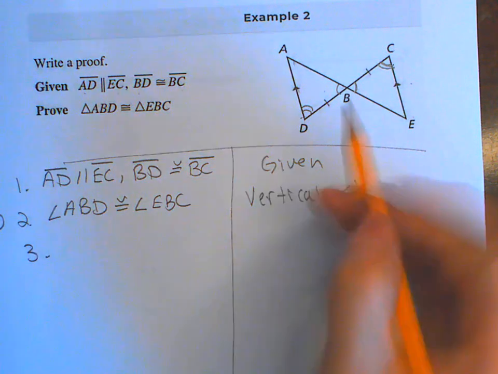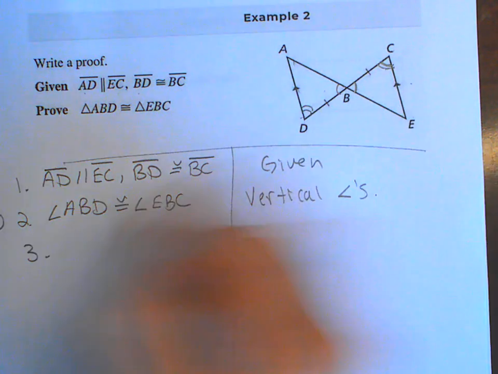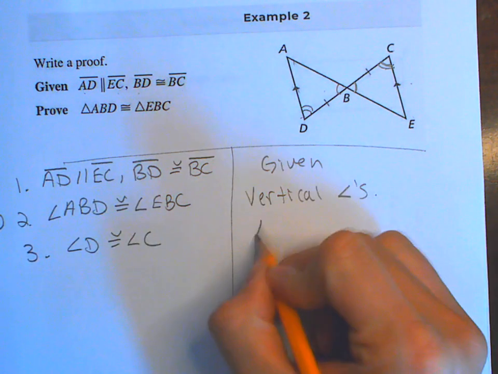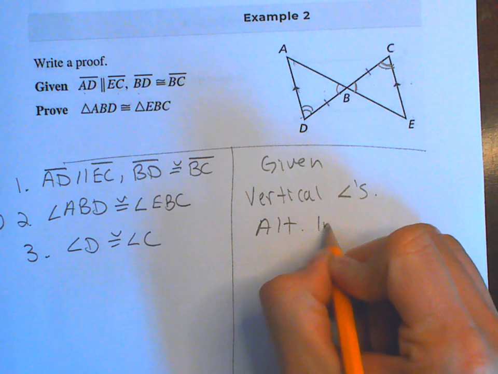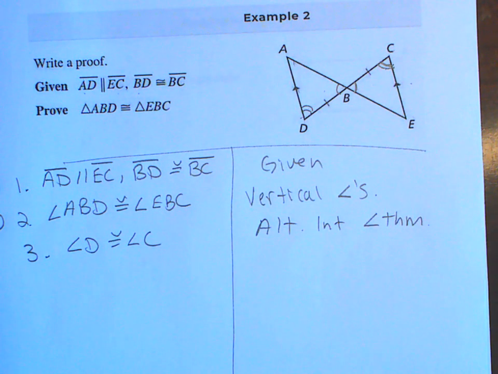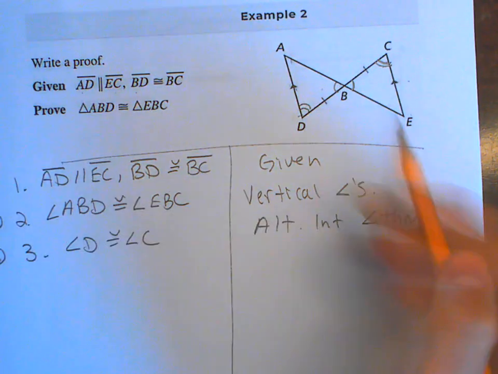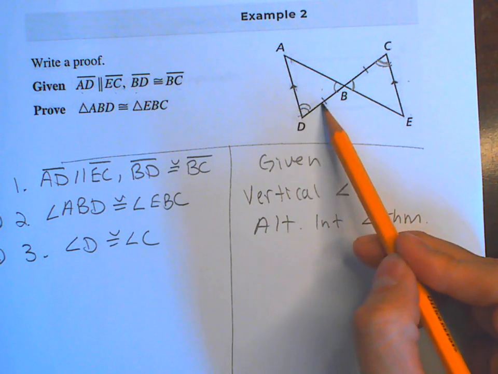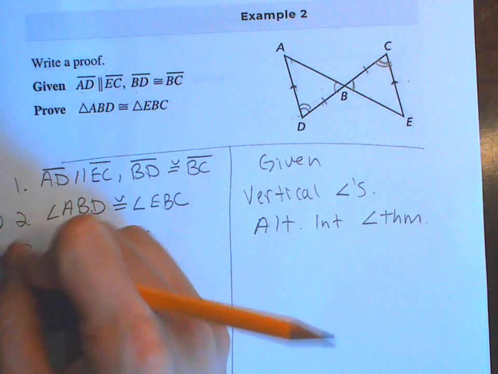Now, I have angle D and angle C congruent. Why? Because of the alternate interior angle theorem. So now I have another angle.